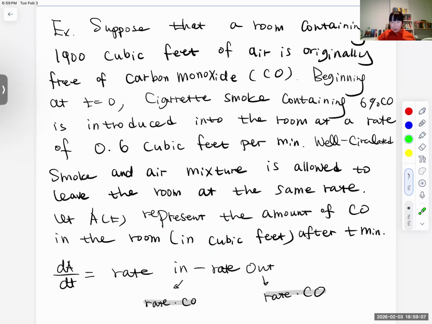So same, we are using dA over dt, the amount of CO in the room, instead of dy over dt. Same concept: rate in minus rate out. In that case, rate times CO, carbon monoxide instead of salt, right?